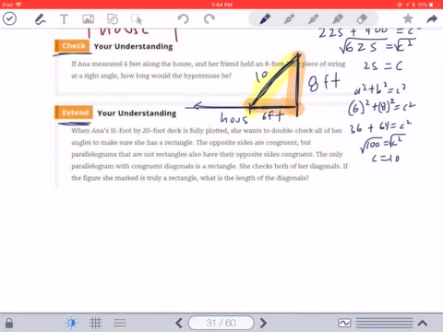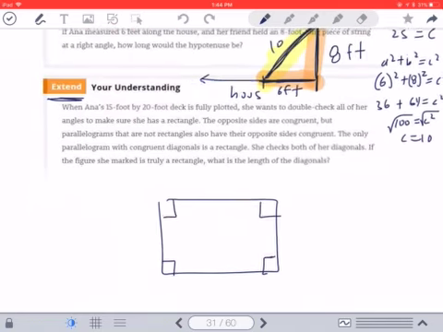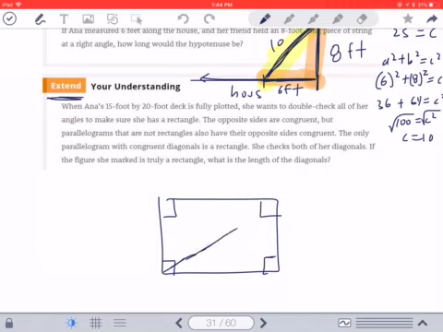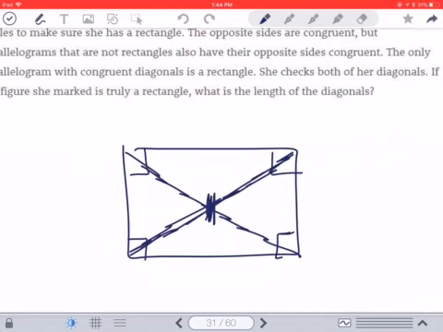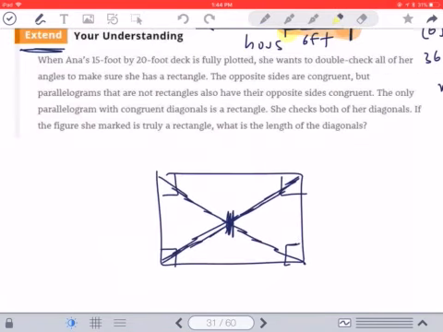Okay, so again, how can she be exactly sure that this is a rectangle, that all of these angles are 90 degrees? Well, she could measure with a tape measure or a string a diagonal, measure another diagonal, and if these intersect each other at their midpoints, then that means that the angles have to be 90 degrees.